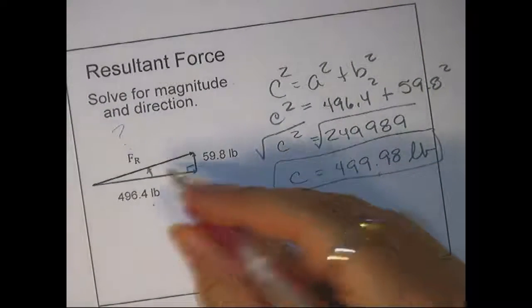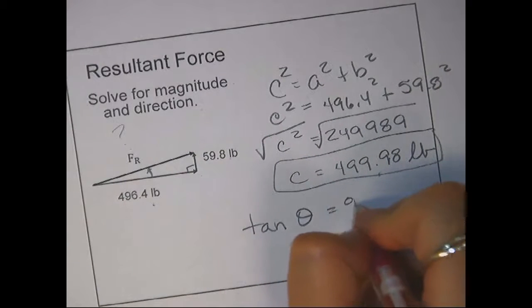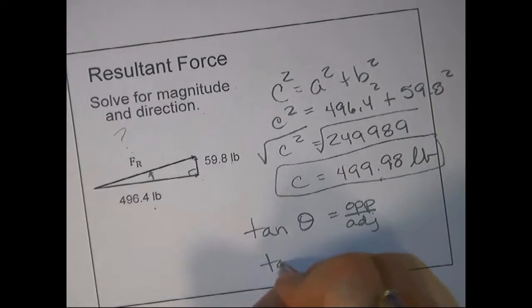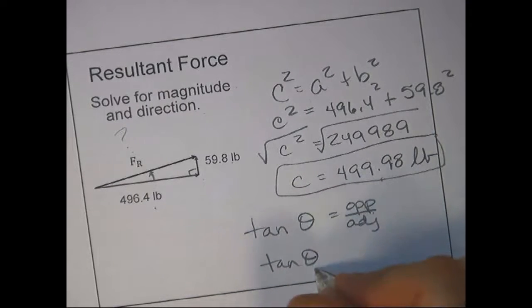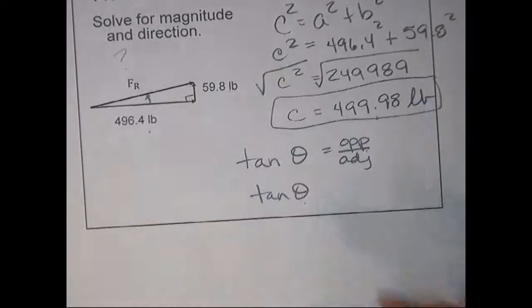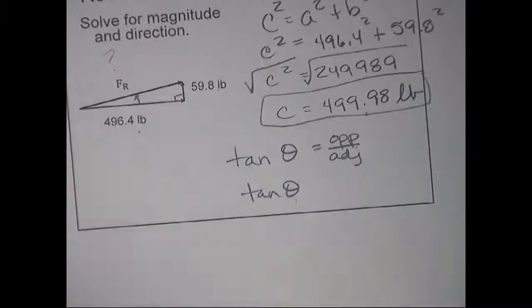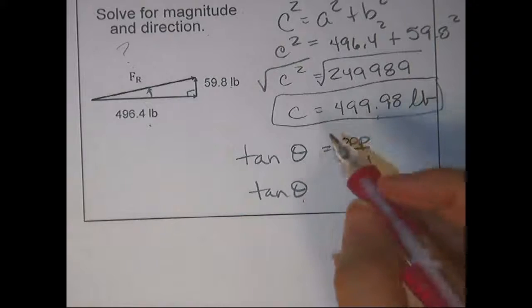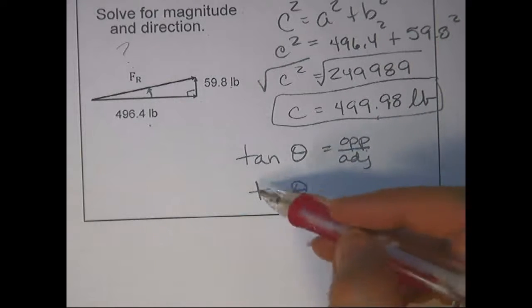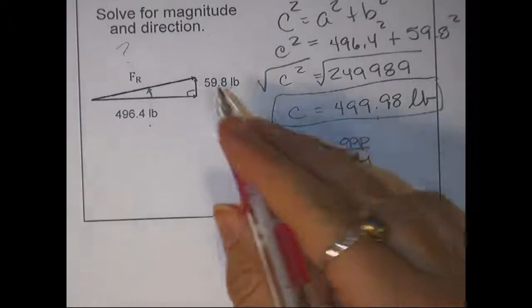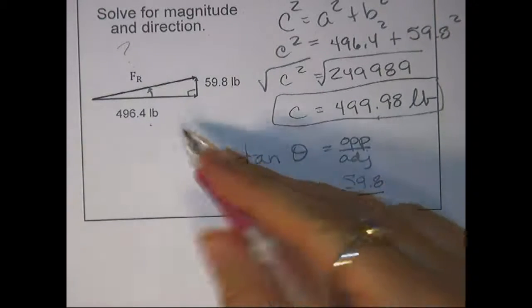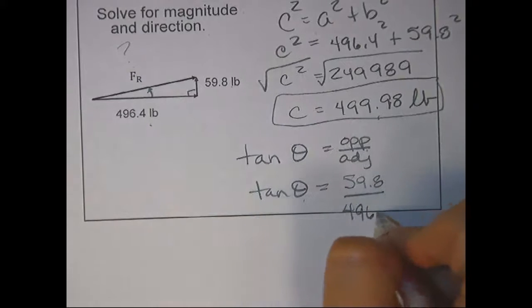Tan of that angle is equal to opposite over adjacent. So tan of the angle I'm looking for, this is a theta, which we often use for the angle instead of an x. They just do that in math and in engineering. They use theta usually for angles. So theta, tangent of theta is equal to the opposite is 59.8, and the adjacent is 496.4.